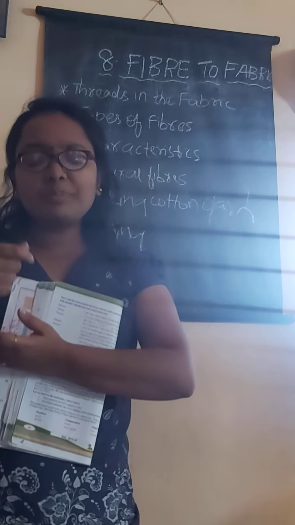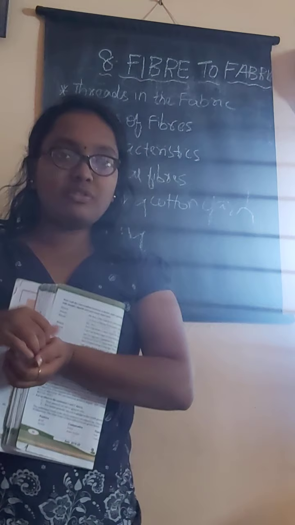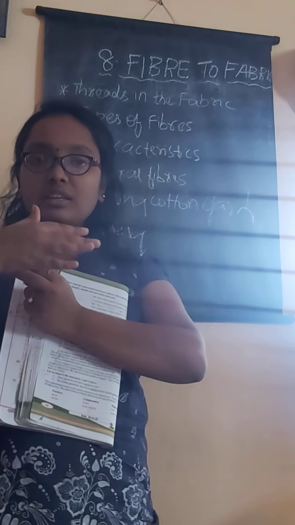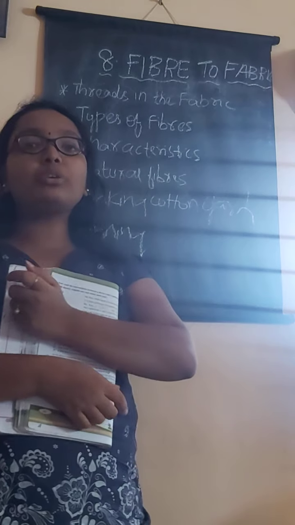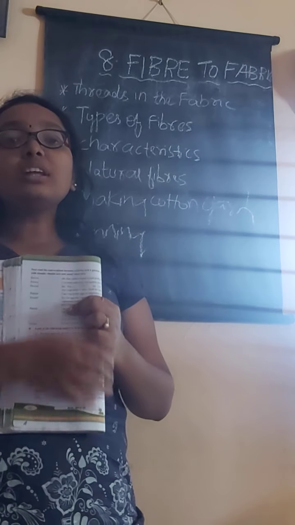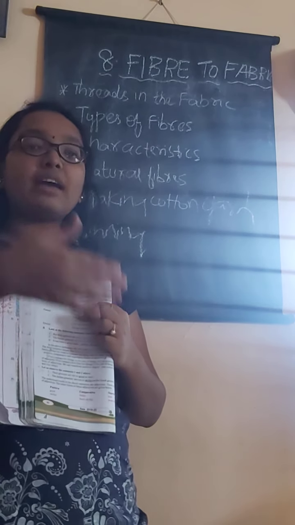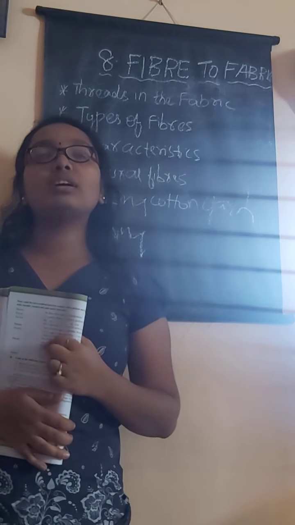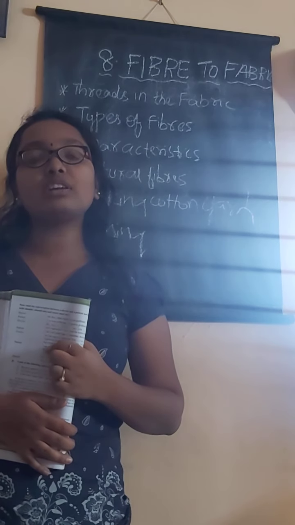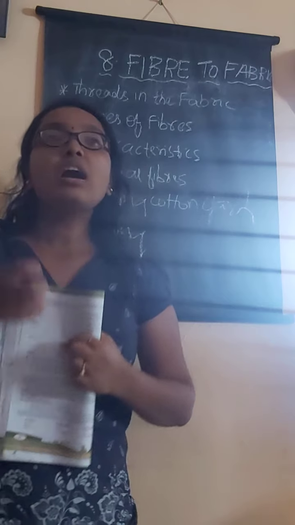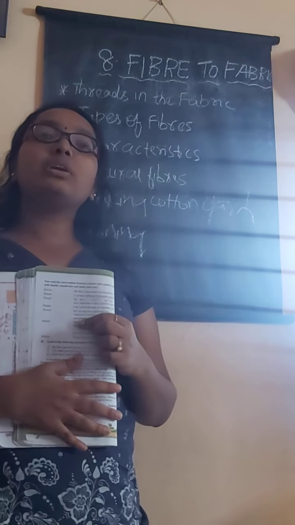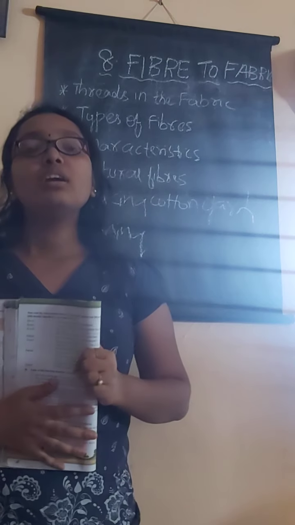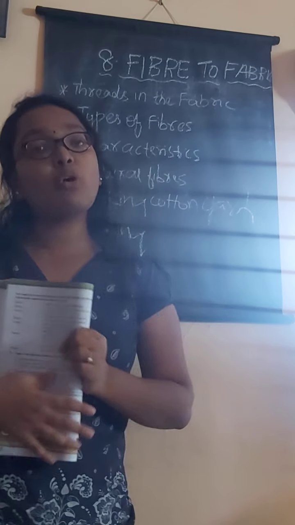The threads are arranged in a manner. If we want a cotton cloth, cotton fibers are joined together to make it. Many processes are involved.